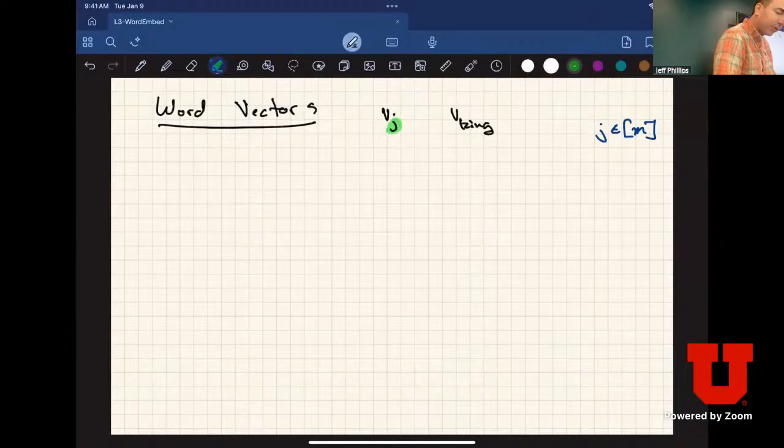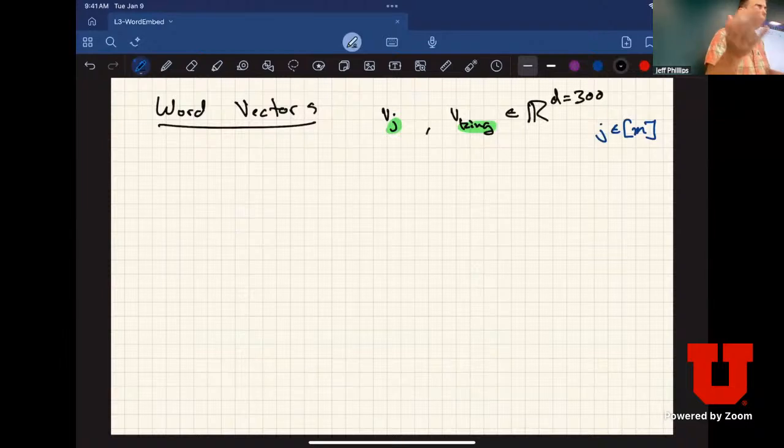Well, now this element could be the word king. King is a word here, and there's some vector in some d-dimensional space. These are vectors in R^d, and for now maybe d will be 300 dimensions, something like that. So it'll be a vector in a 300-dimensional space for the word king.